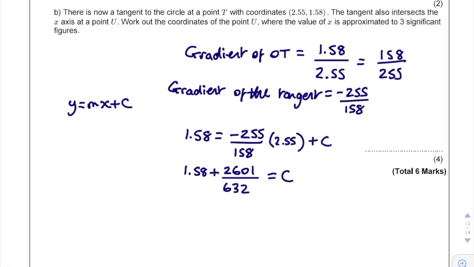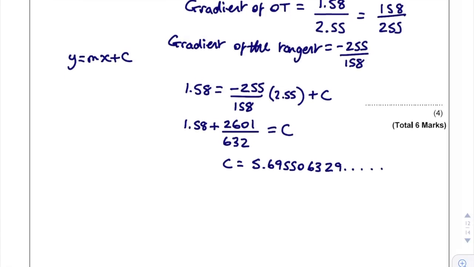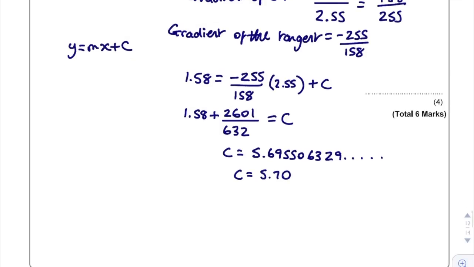If I work out what that is on my calculator, I get c is equal to 5.6955063291, and that keeps on recurring. Okay, so if I round this to three significant figures, that's going to be 5.70 for c. So the equation of the tangent can now be written as y equals minus 255 over 158 x plus 5.70.